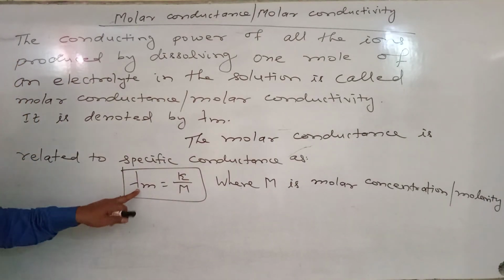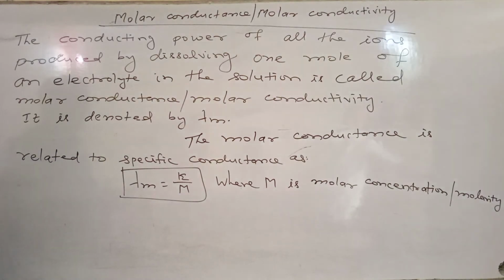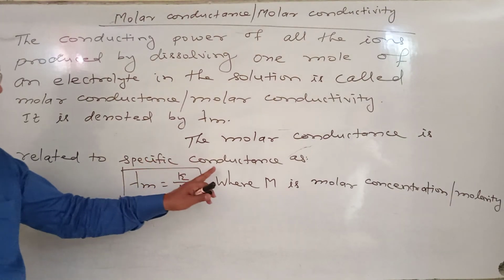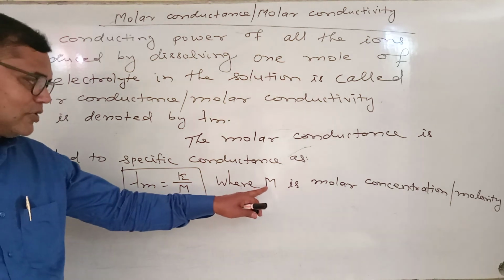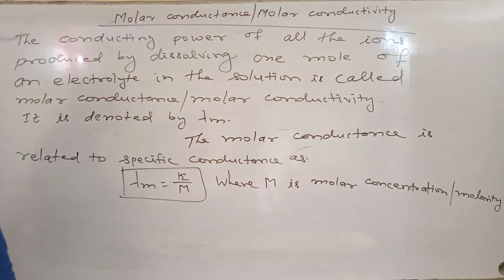Lambda m indicates molar conductance, kappa indicates specific conductance, and M is molar concentration or molarity.